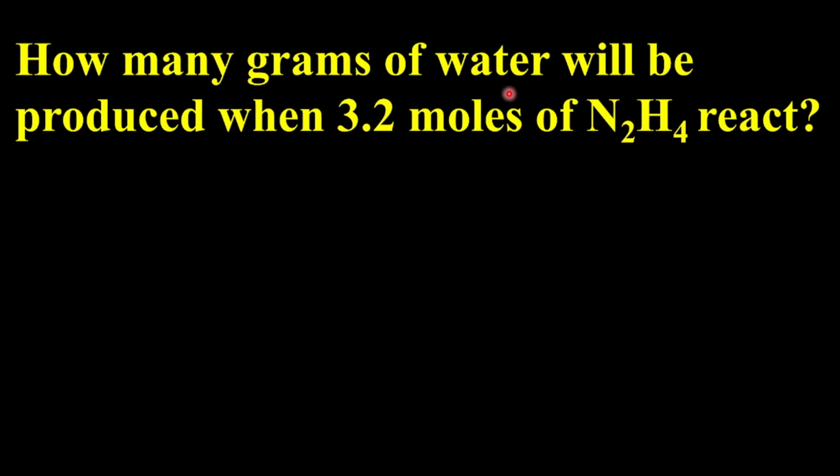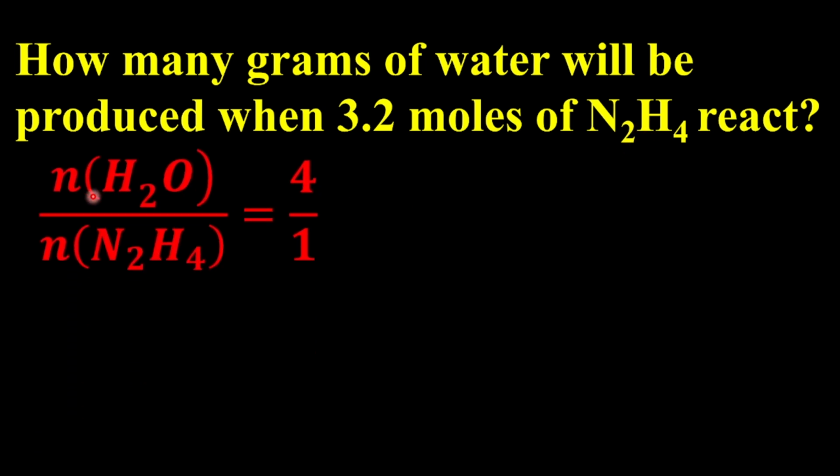We have to write the mole ratio between water and N2H4. So we have n of H2O over n of N2H4, which is equal to 4 to 1 based on the reaction given.